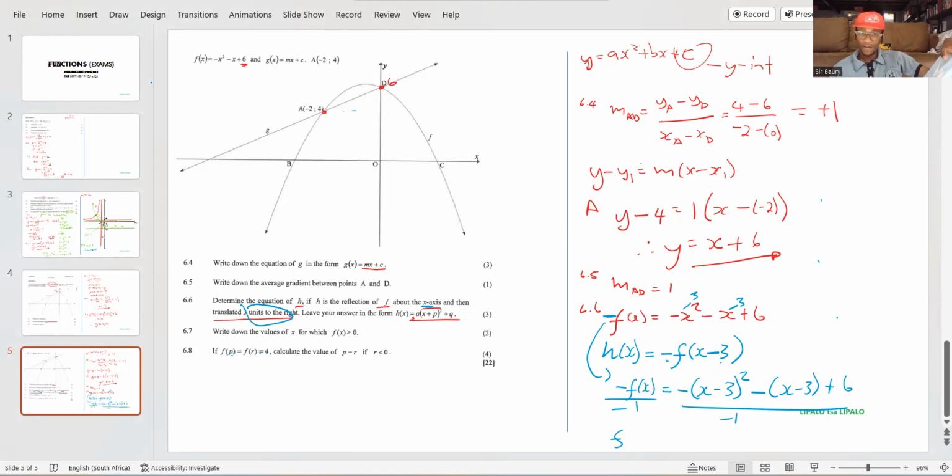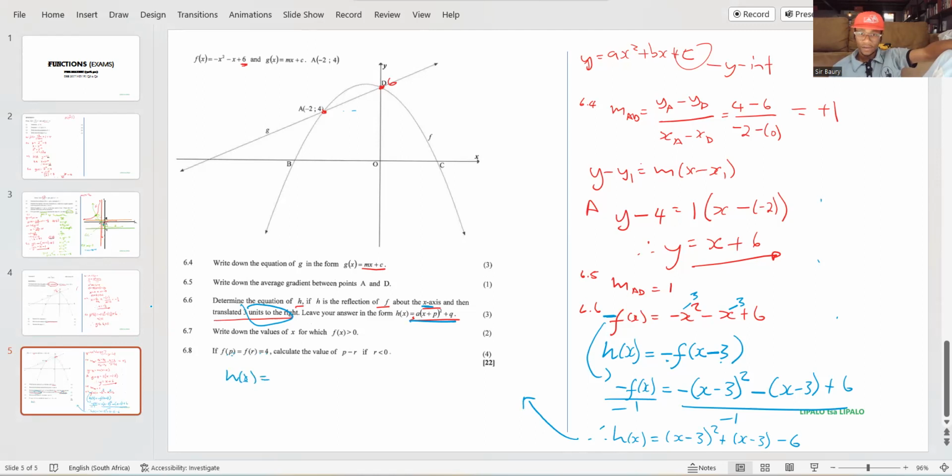So I have f of x. I have h of x is equal to x minus 3 all squared plus x minus 3 minus 6. This is what I have. So I'll continue here to simplify it because they said they want it in this form.